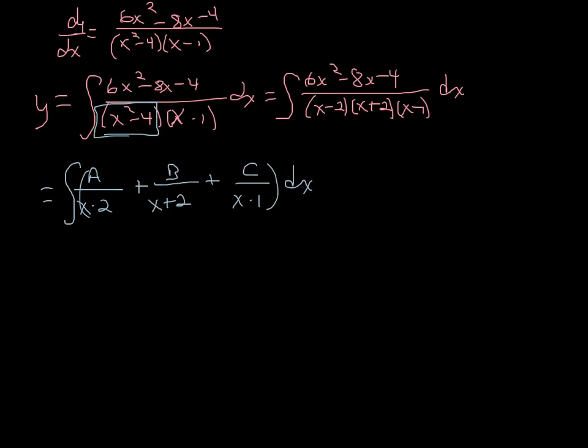Okay, so when I have A over (x minus 2) and I'm trying to get a common denominator, I would have to multiply A by both of the other 2 denominators.